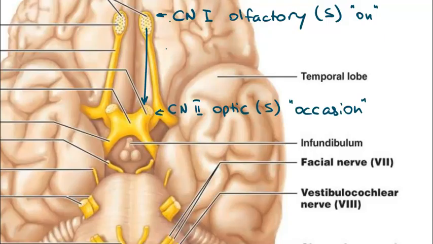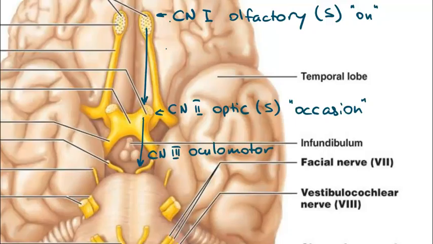From the optic nerve, we move on to cranial nerve 3, which is oculomotor.